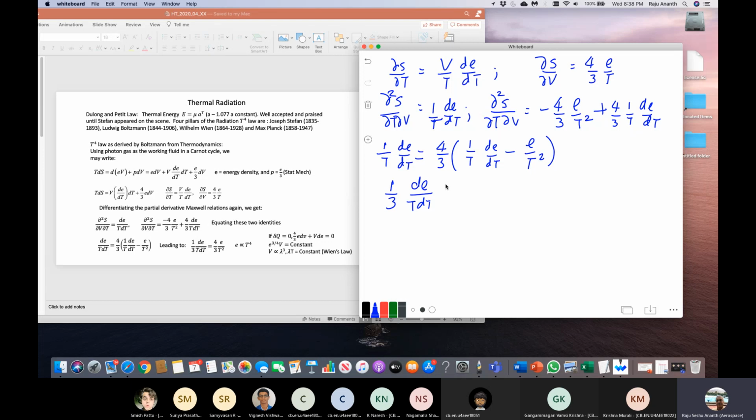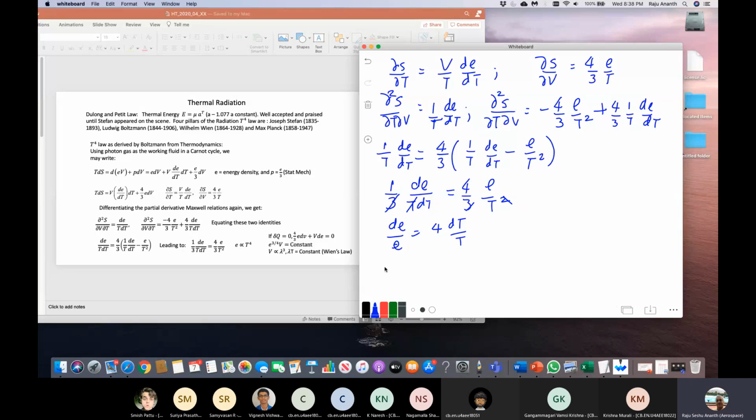So this minus minus gets cancelled. This is equal to 4/3 E/T squared. Everybody follow that? So 3 gets cancelled. So dE/E, the T and the T gets one cancelled, 4 dT/T.